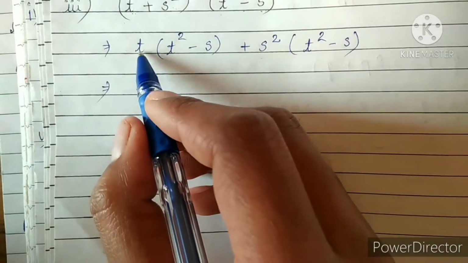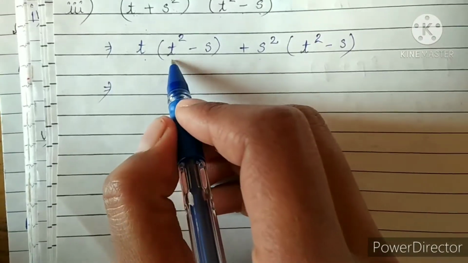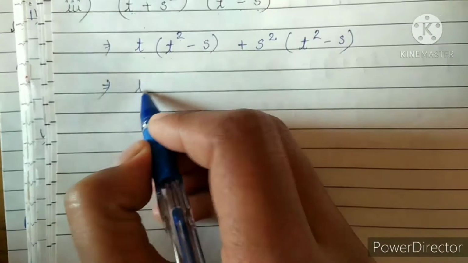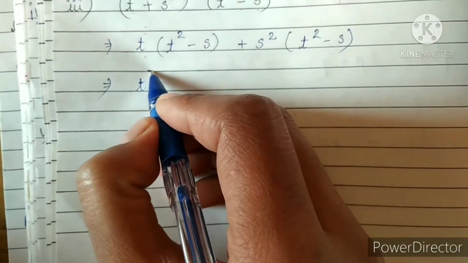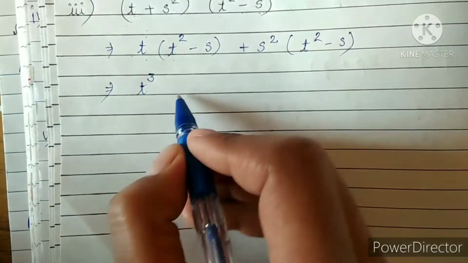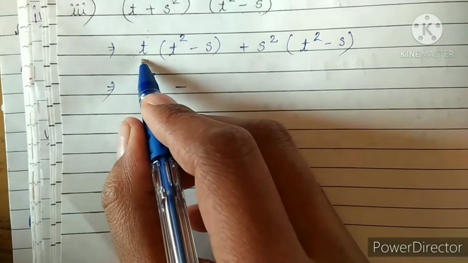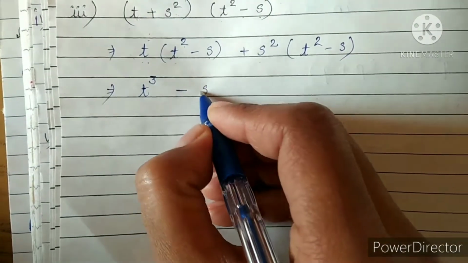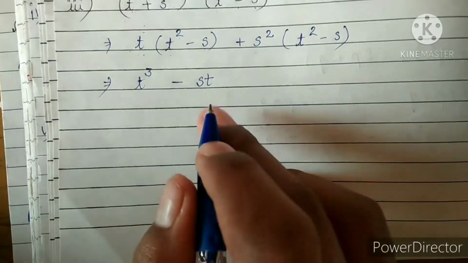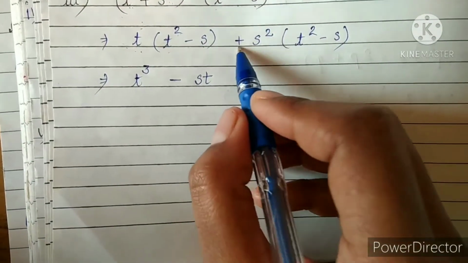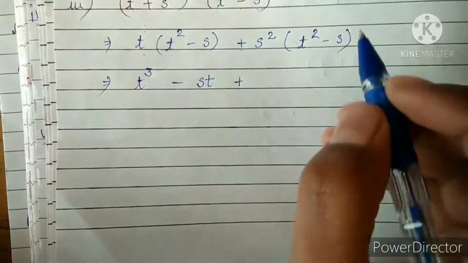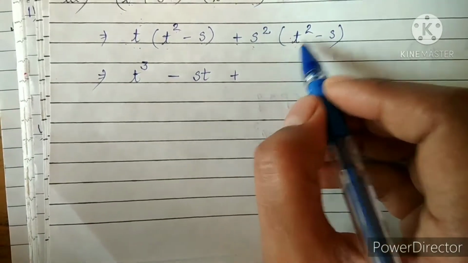So t is to power 1 multiplying by t is to power 2. So t is to power 1 plus 2 is 3, plus minus is minus, t into s is st in the alphabetical order, then plus plus is plus s square t square.